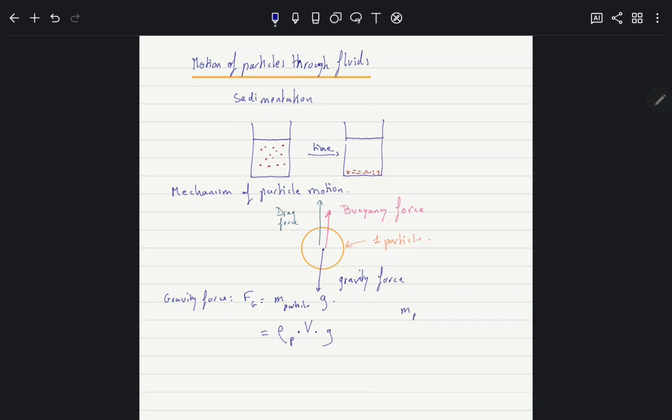So m_p is expressed in kilogram, rho_p is the mass density in kilogram per cubic meter, and to be consistent, I will call the volume Vp, the volume of the particle, and the SI unit is cubic meters.